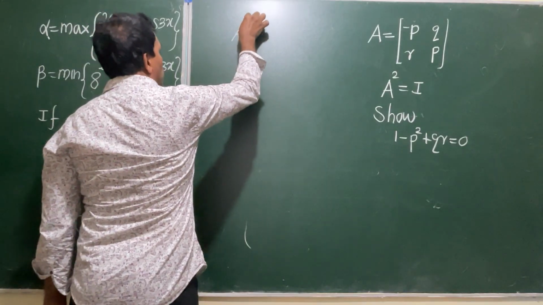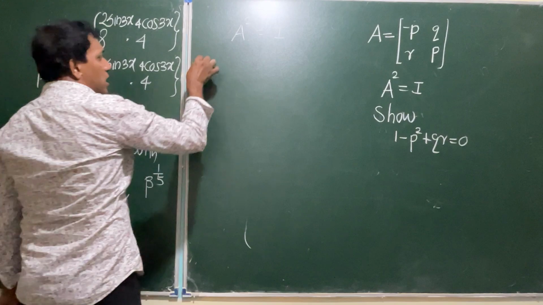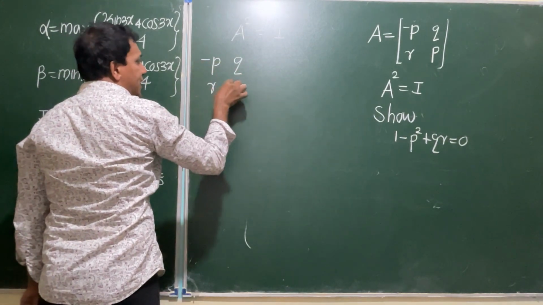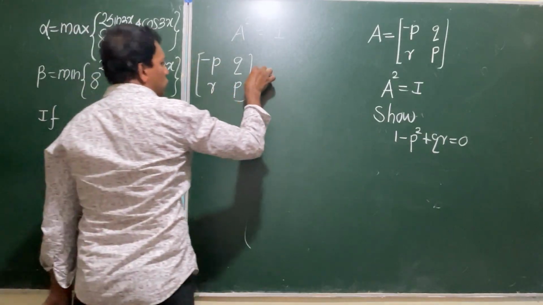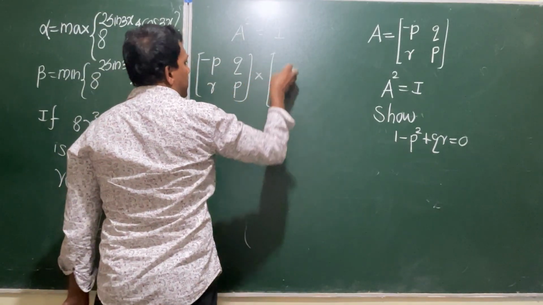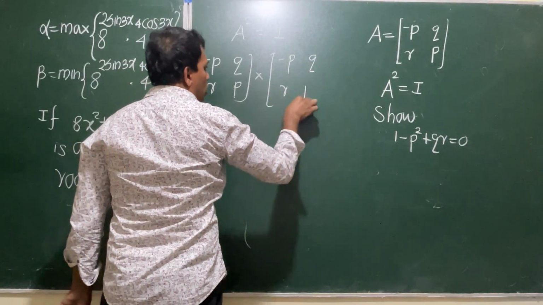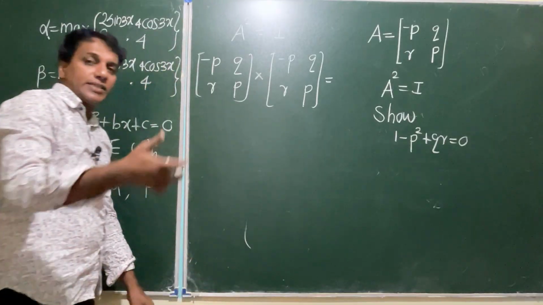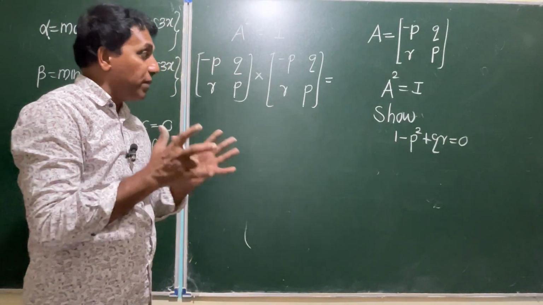Actually, A square equals I. What is A square? Matrix A multiplied by matrix A once again. I think matrix is the easiest question in pure maths or combined maths papers. We have only the matrix, no determinant in this combined maths paper, but matrix and determinant is the biggest chapter.